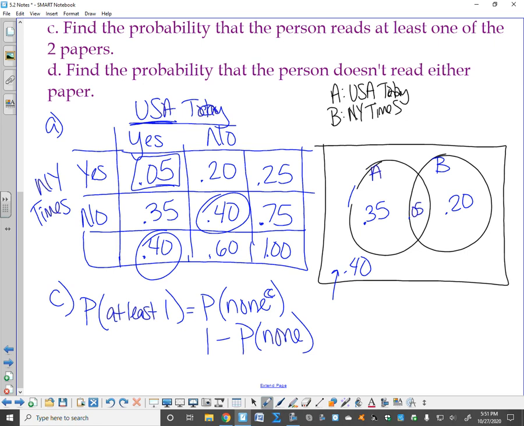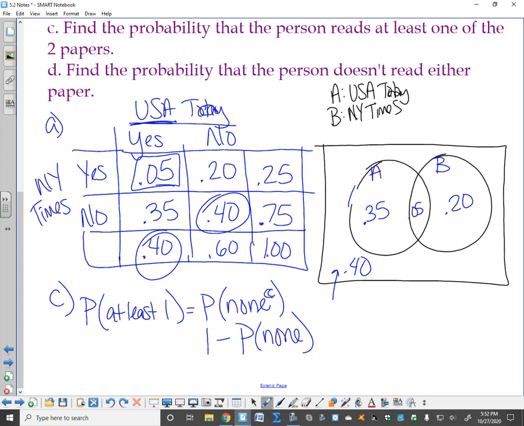If I read something, then that is the not of none. I'm going to say that again. Wrap your brain around this. The probability that I read something, that's the at least one, is the not of none. It's 1 minus the probability of none.